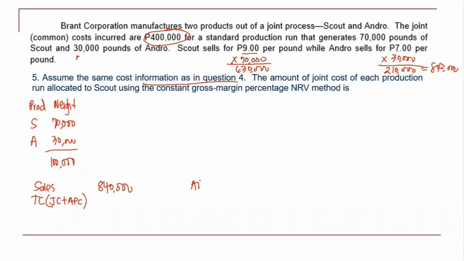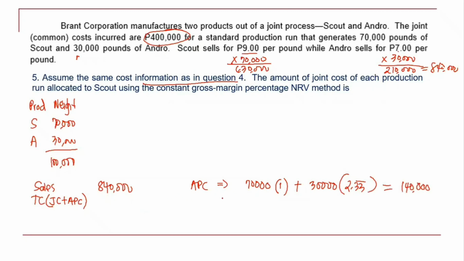Additional processing cost natin would be 70,000 kay Scout. Magkano? Piso. Plus 30,000 kay Andro. Magkano? 2.333 and so on. Lumalabas, ang additional processing cost ay 140,000.